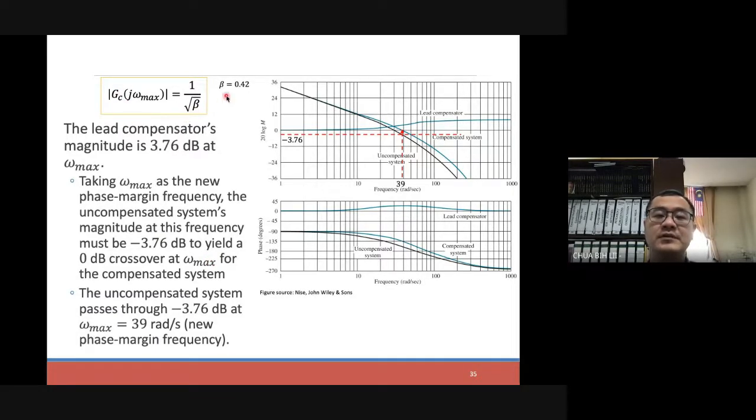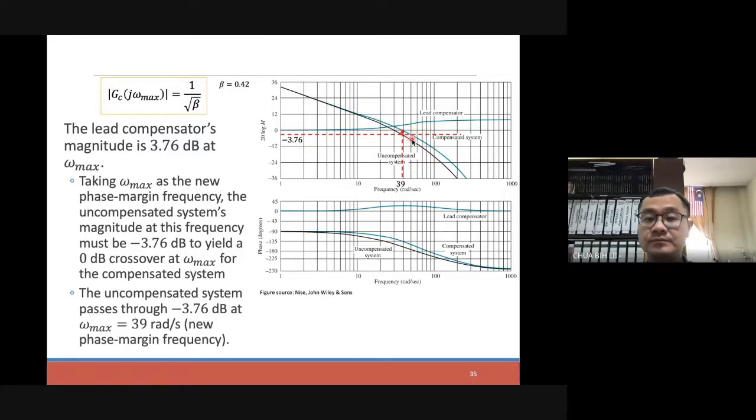Using the 0.42, insert it, and you get the relevant Gc value, approximately minus 3.76.